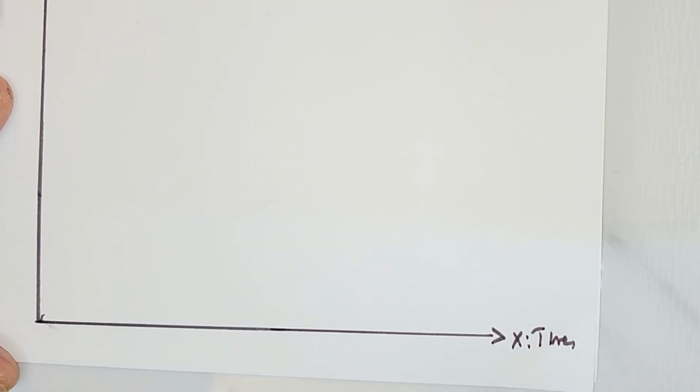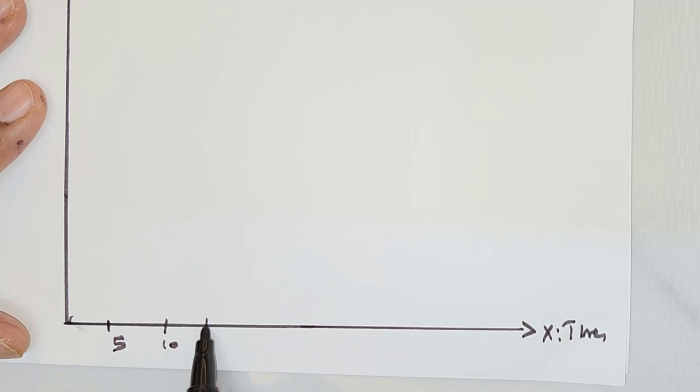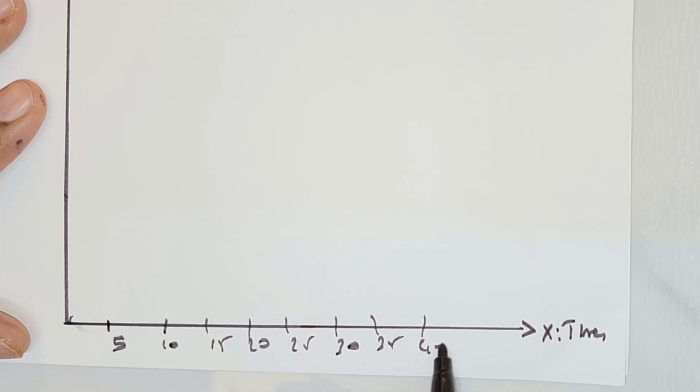Now, every grid is 2 centimeters, right? So each centimeter will be 5 minutes. So 5, 10, 15, 20, 25, 30, 35, 40, 45 and 50.